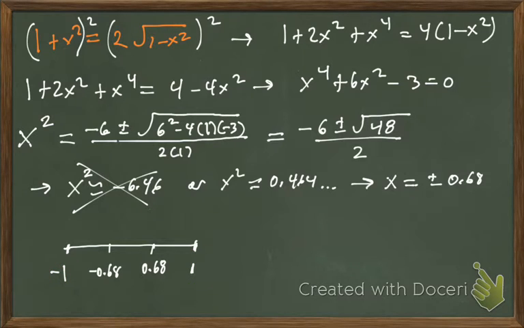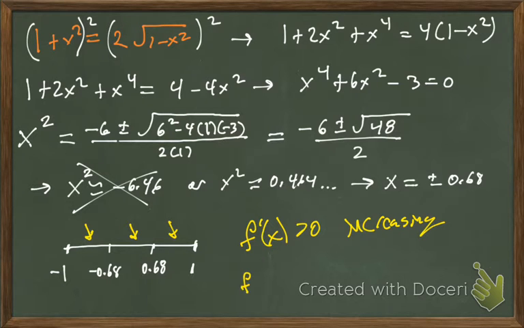So we're going to test each one of these intervals in the first derivative. If the first derivative is positive, that means the function is increasing. If the first derivative is negative, that means we are decreasing on that interval. So that's our Cal 1 stuff.